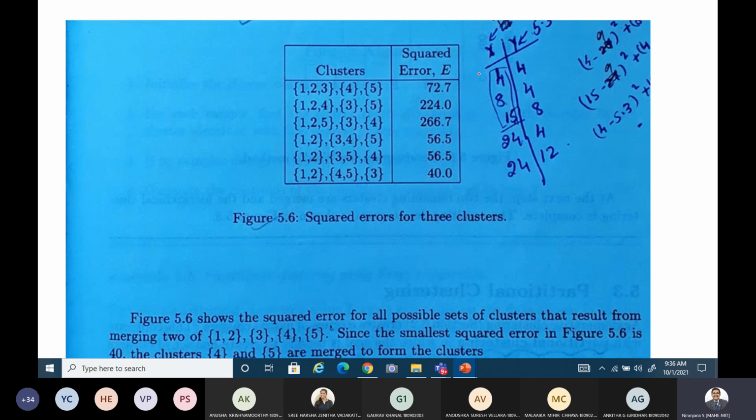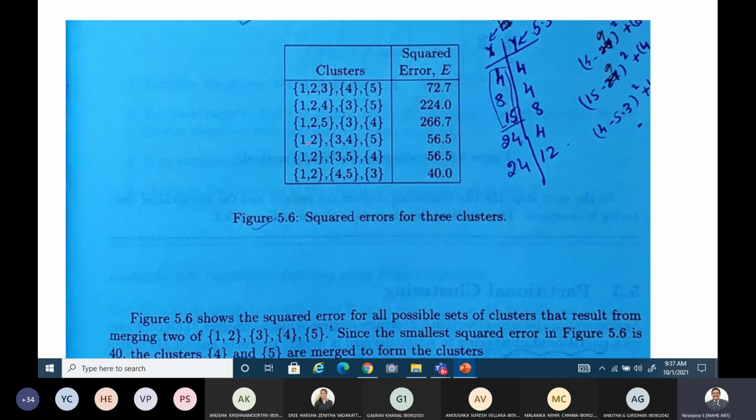Are you getting it? If you see one more case here, this has two samples, and this also has two samples.